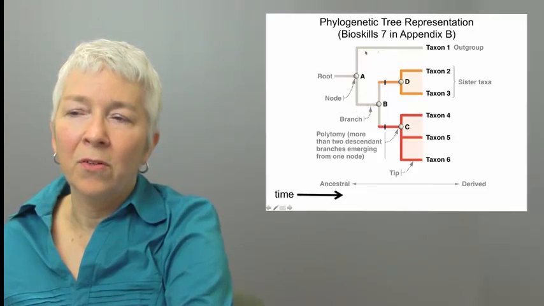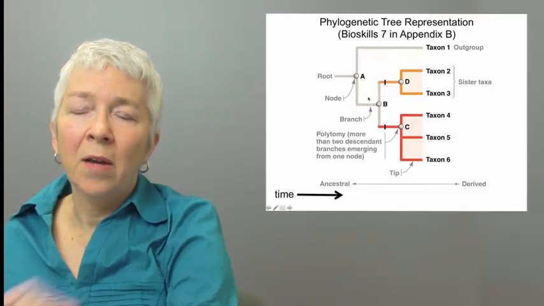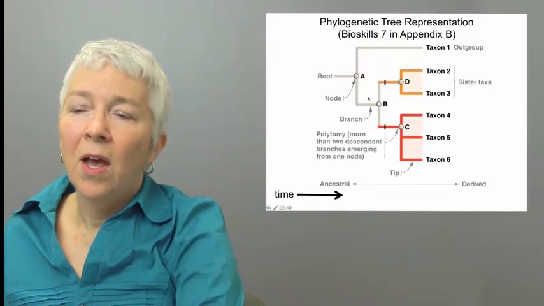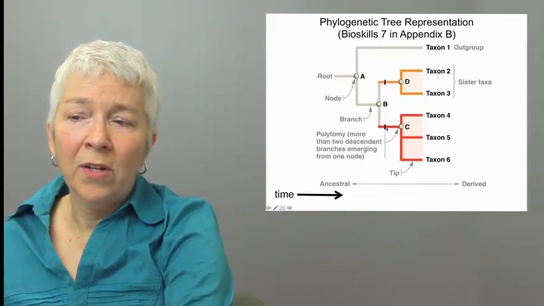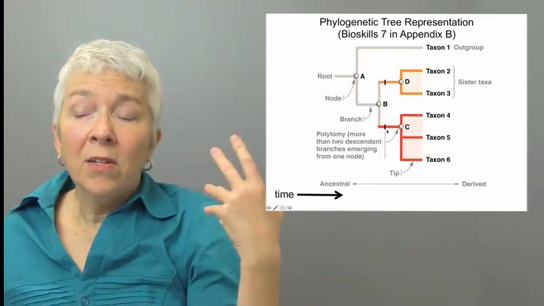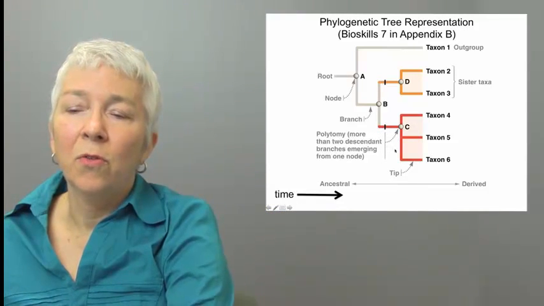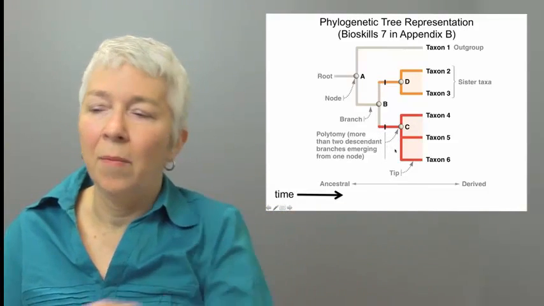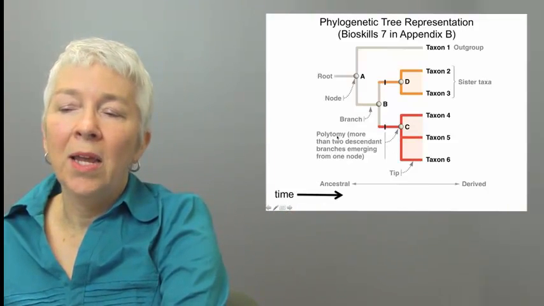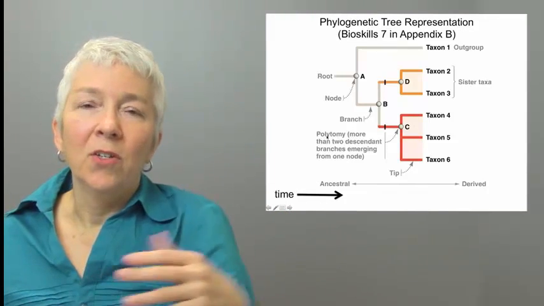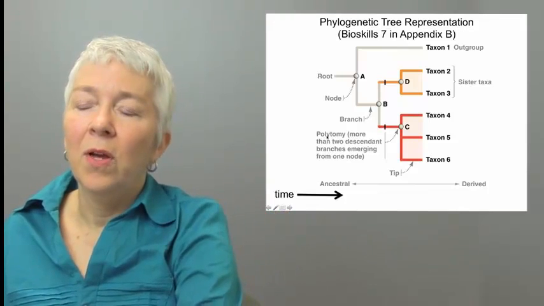This one is dichotomous, meaning it branches into 2. This one also branches into 2. You don't always have a branch into 2. So for example, this one branches into 3, so this could be referred to as a trichotomy, or more generally a polytomy, poly just meaning simply more than 2.